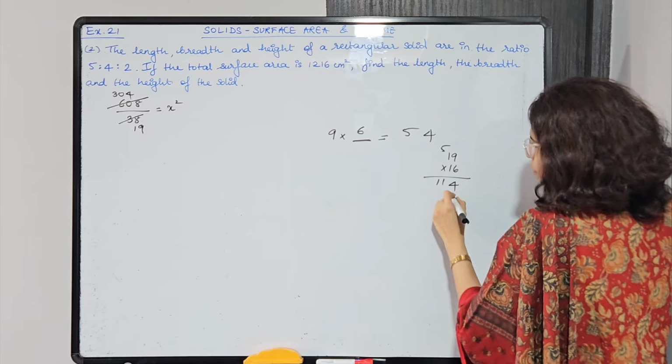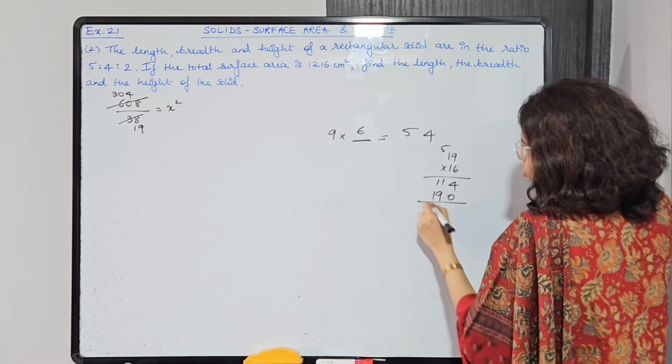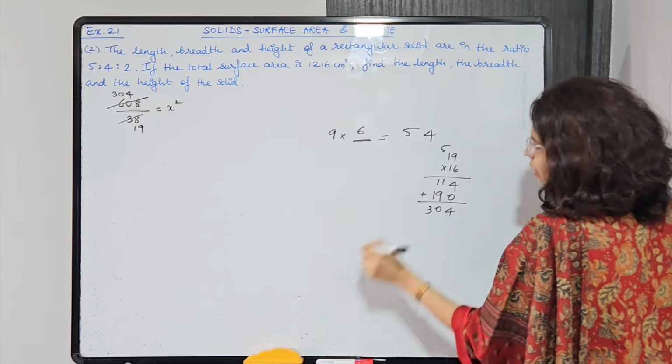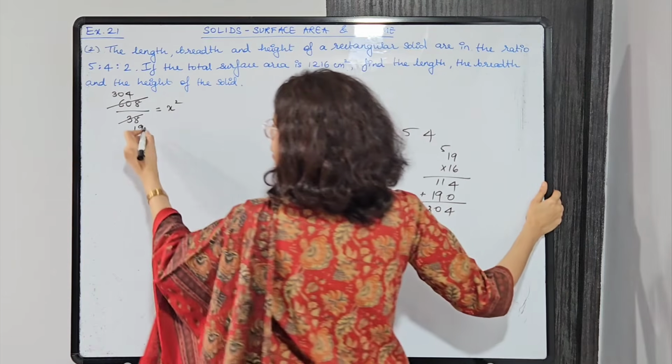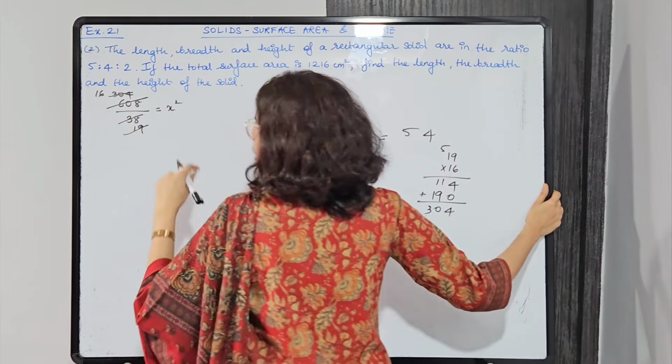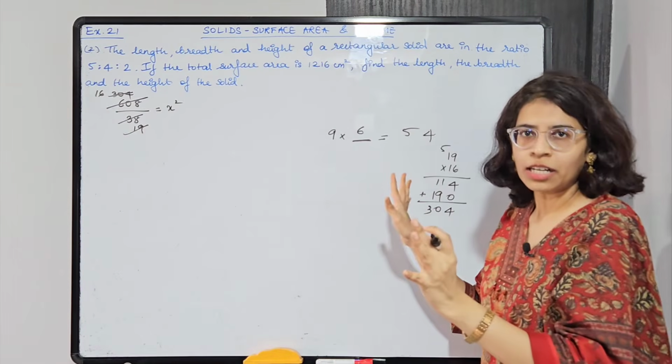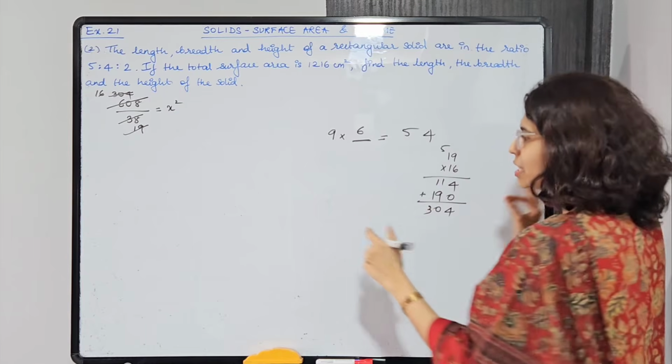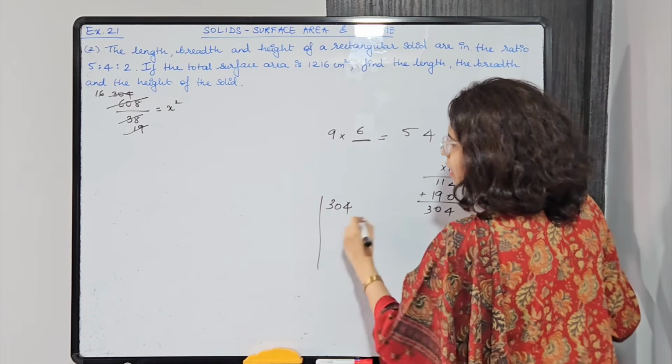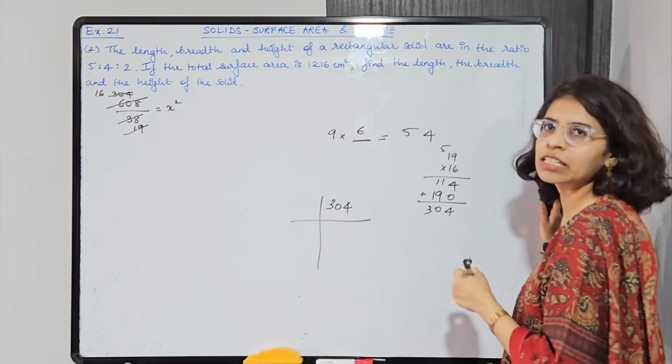Right, 114 and 19. So yes, we are getting 304. 19 16 जा. ये कॉम्प्लिकेटेड लग रहा है, नहीं समझ में आ रहा है. सिंपल, सबसे इजी. 304 को फैक्टराइज करो. स्टार्ट फैक्टराइजिंग 304.